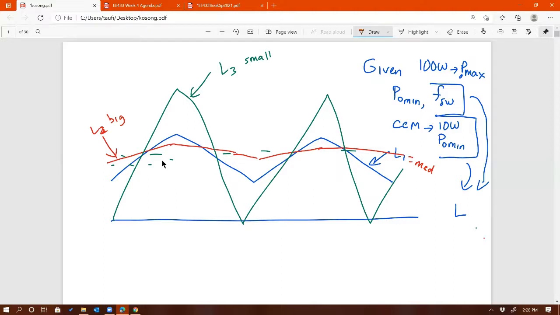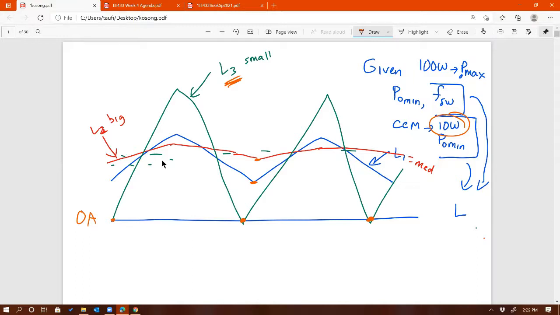Just focus on those three cases, right? Now, if I pick the L value at 10 watts, at P out min, to be L3, you can see that the inductor current touches 0, just like that. That's the 0 amps. It just touches 0. Whereas if I choose L1 and L2, the minimum of the inductor current is always above 0.